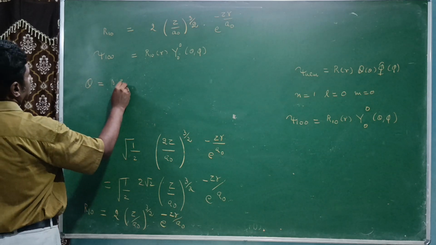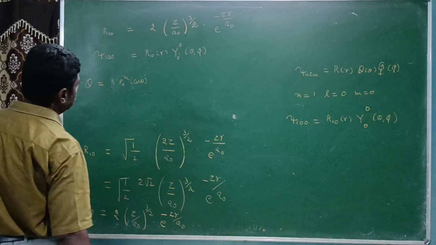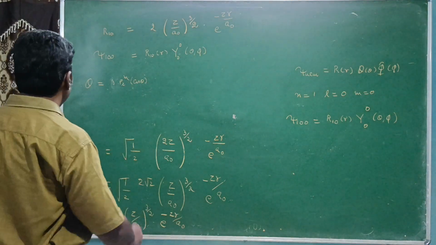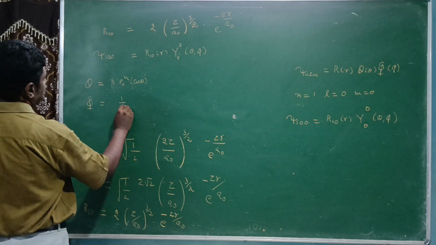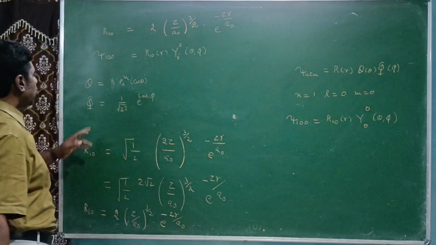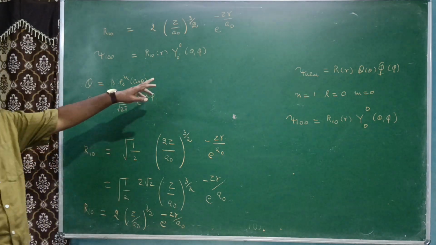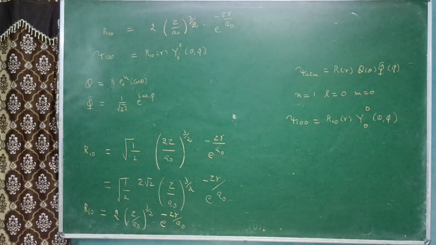Theta is B P l m of cos theta. Then the phi equation is also known to you: 1 by root 2 pi e power i m phi. With the help of these two, we may arrive at the value of Y 0 0 of theta comma phi.